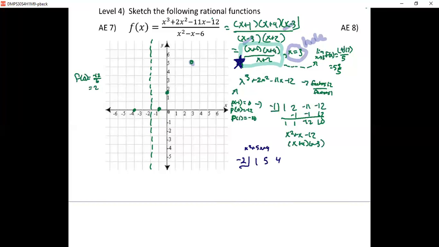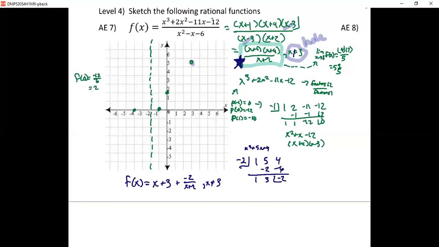So 1, 5, 4. So 1, -2, 3. 3 times -2 is -6. So the remainder is -2. So what I did here was I said I could also write f of x as x plus 3 plus -2 over x plus 2. And x is still not allowed to equal 3 because of the hole.